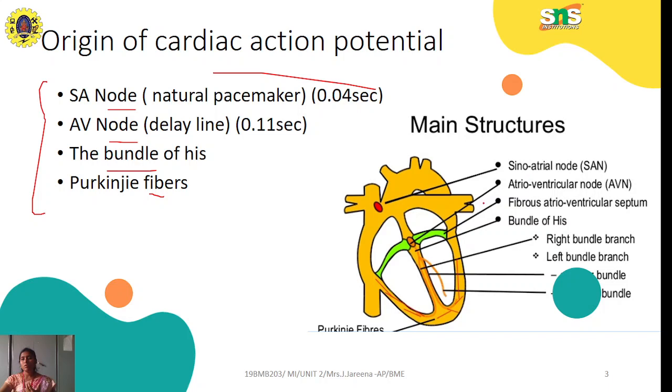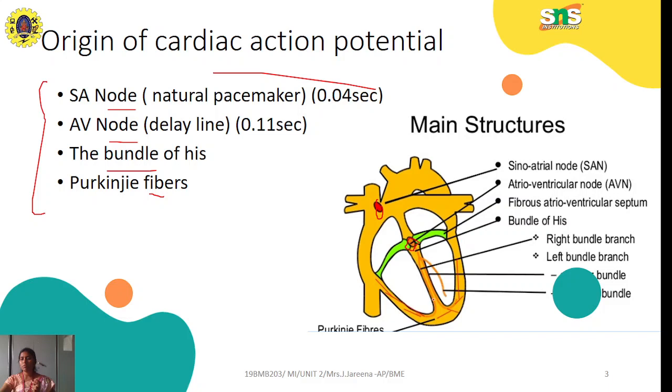Okay, so these are the locations. This one is the SA node. Then the AV node, which is between the atria and the ventricles. In the middle of the septum, along the line between the right ventricle and left ventricle, you can see nerve-like fibers.